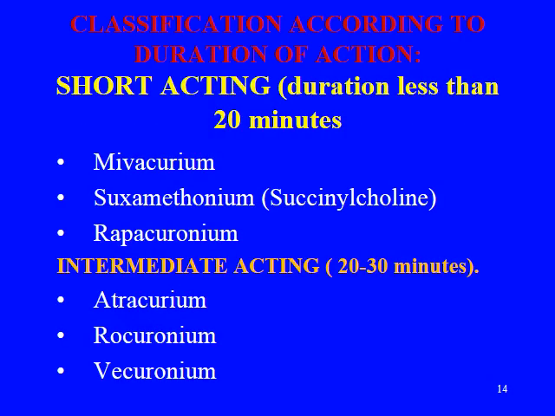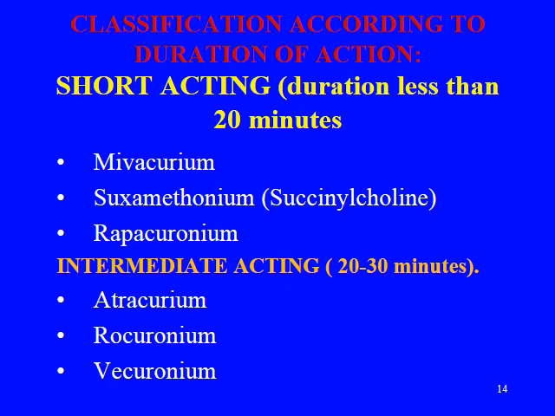The next is classification according to duration of action. This category of classification is based on how long they will act. Duration of action can be short acting, intermediate acting, or long acting.